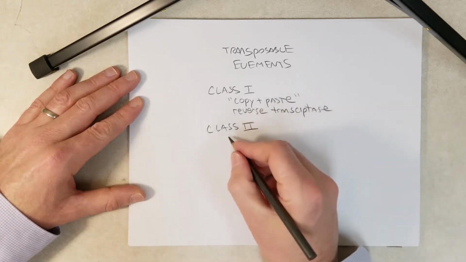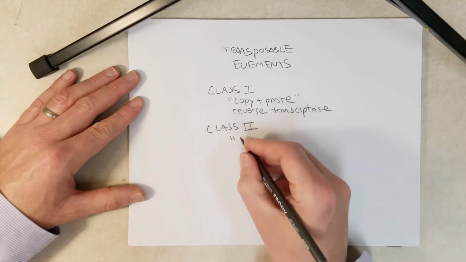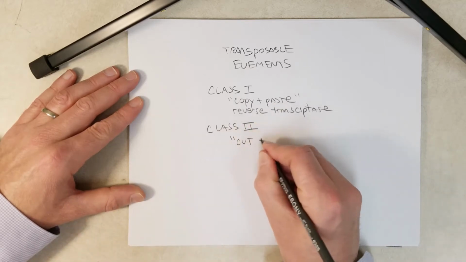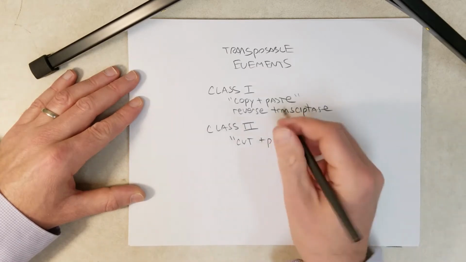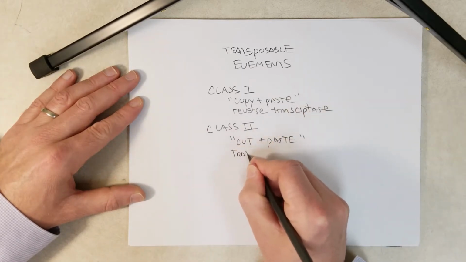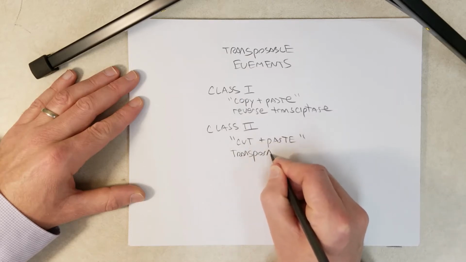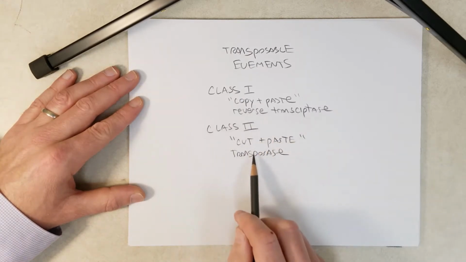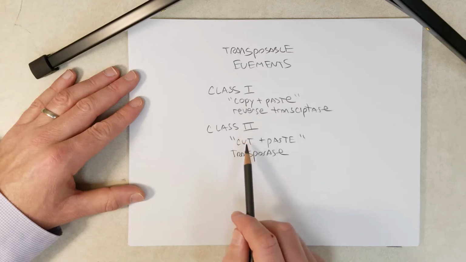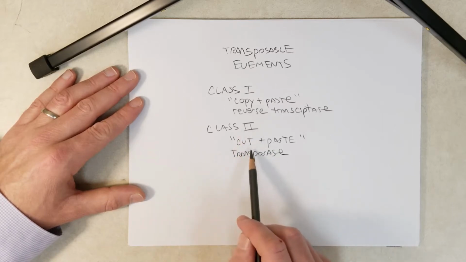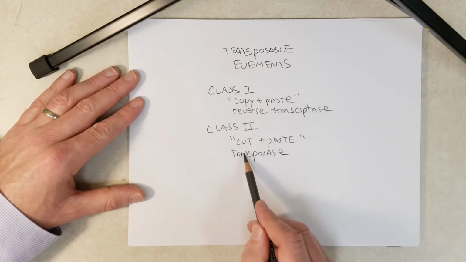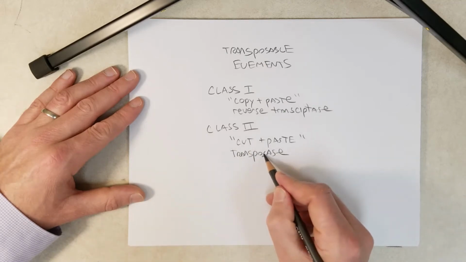And the class 2 transposable elements spread by a cut and paste mechanism. And these have a transposase. So one of the key enzymes in helping a class 2 transposable element move to a new part of the genome is called a transposase.